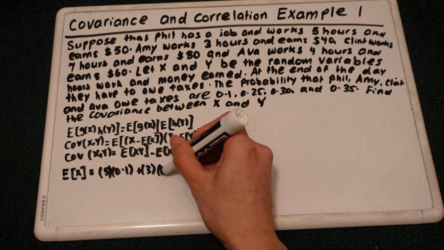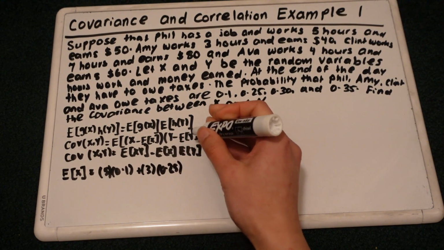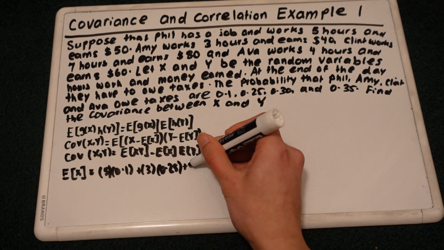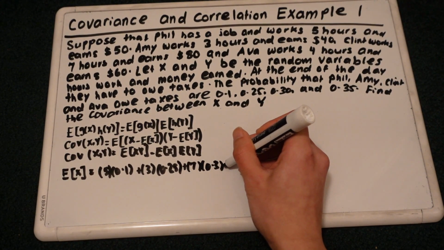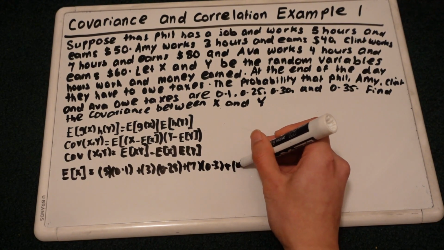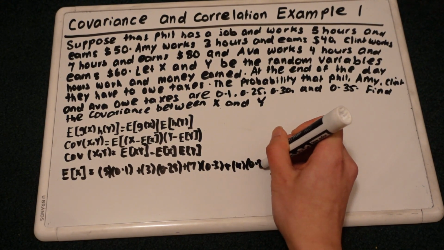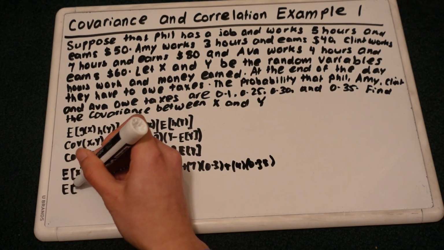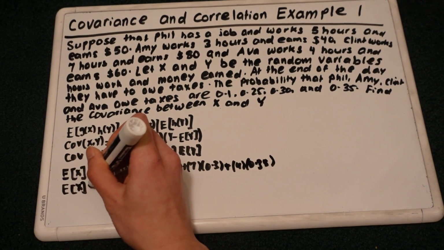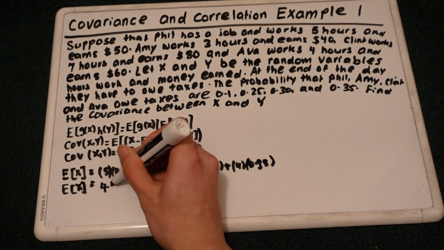It's 3 times 0.25 plus 7 times 0.3 plus 4 times 0.35. And we get E of x is equal to 4.75.